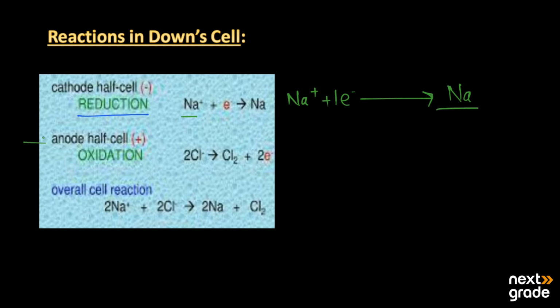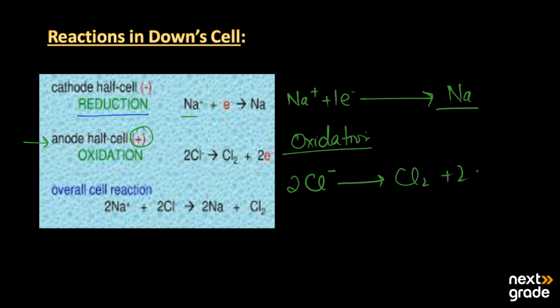Second, we have the anode half cell, which has a positive charge. Here the process of oxidation takes place, and the chloride ions combine and change into chlorine gas by losing two electrons. So the chloride has lost electrons, and this process is known as oxidation, and the sodium has gained an electron and changed into sodium metal. This process is known as reduction.